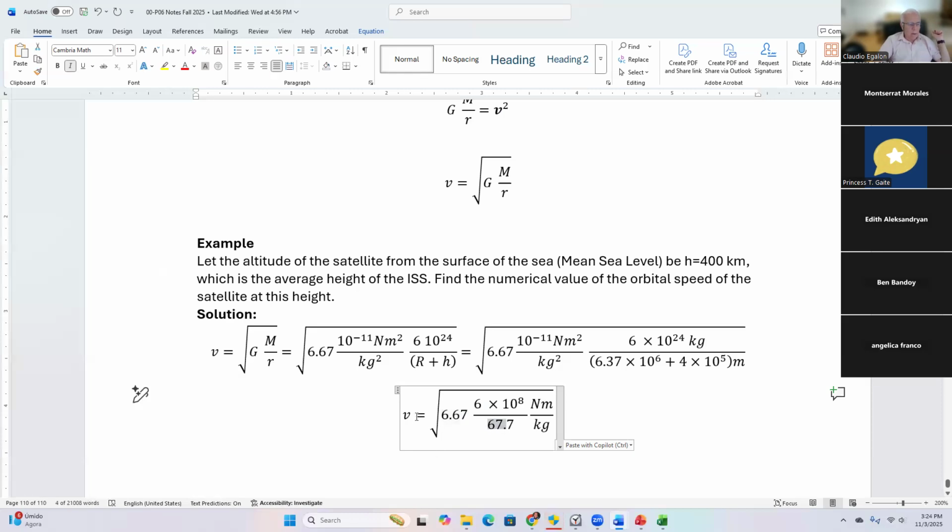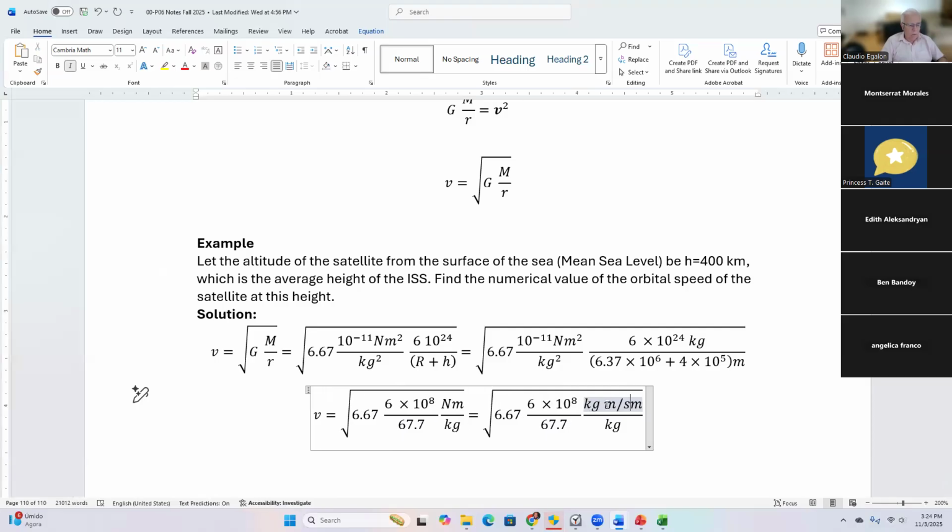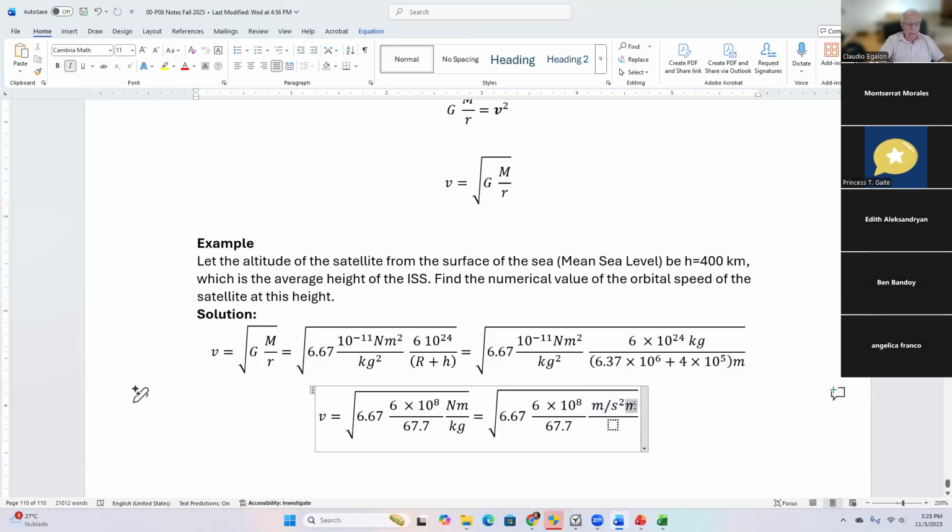Let's take a look at the units that we have right here. Newtons is kilogram meter per second square, right? I just want to make sure that this thing is in meters per second. Kilogram cancels out with kilogram. This meter combined with this other meter becomes meters per second square.